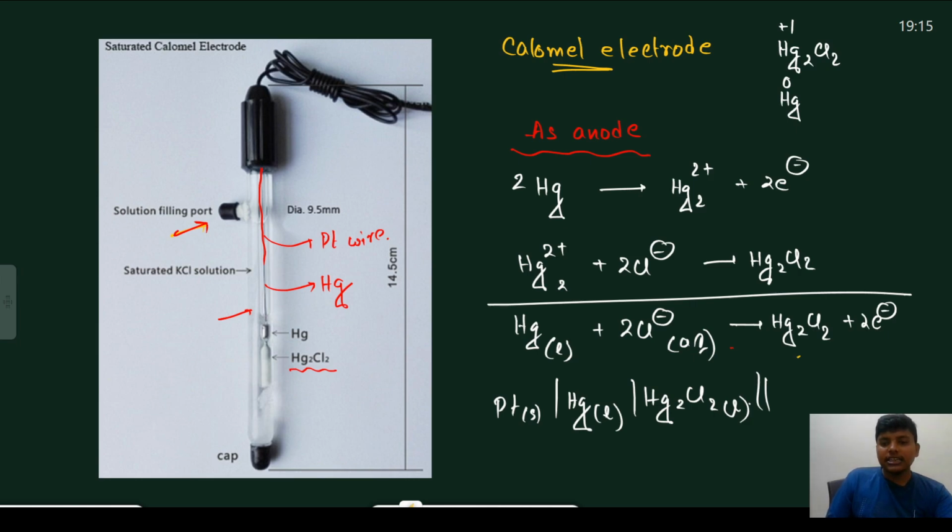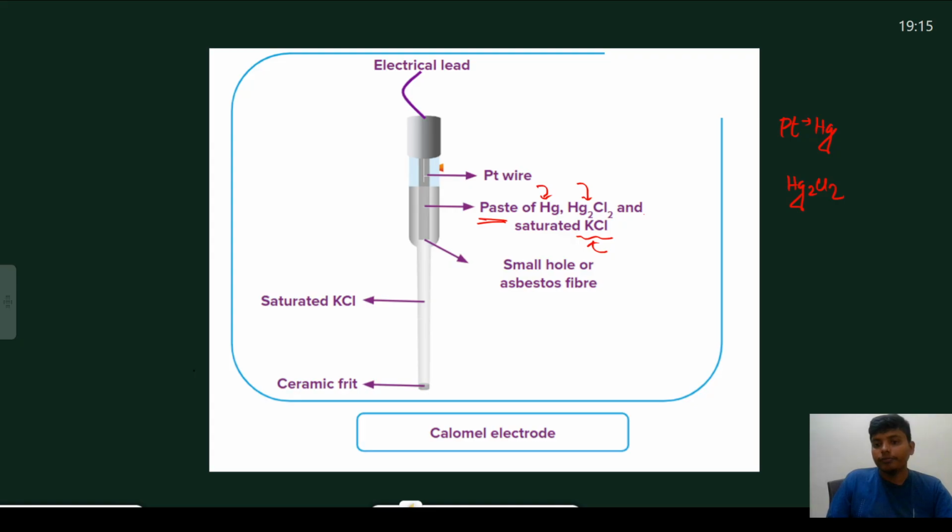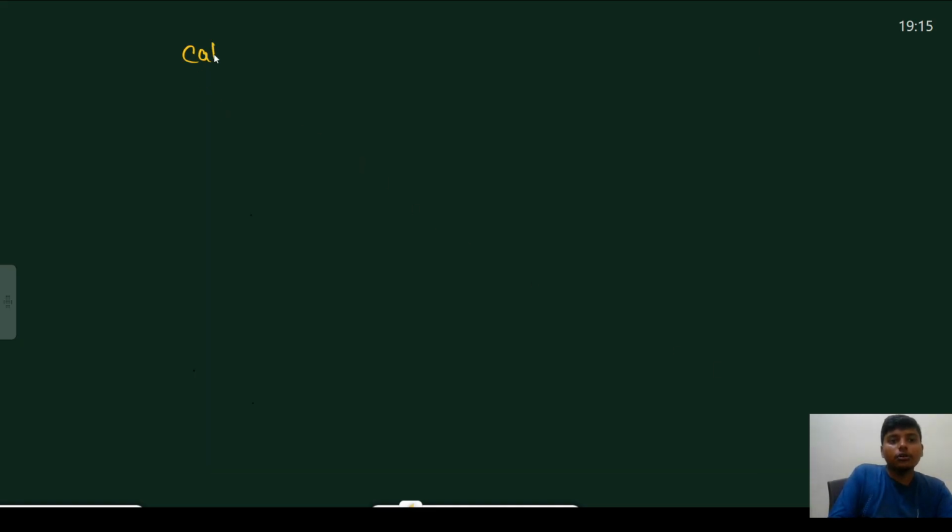Okay. Next, if you use this as cathode, then what will form? Same reaction, just reversed. That means Hg2Cl2 will break into 2 Hg plus and 2 Cl minus.